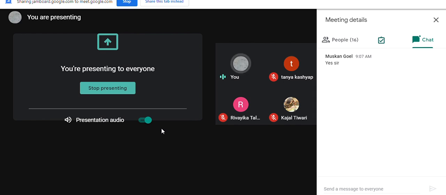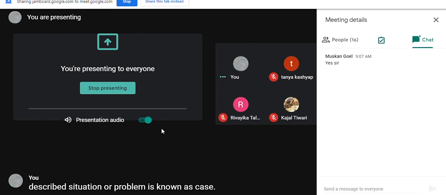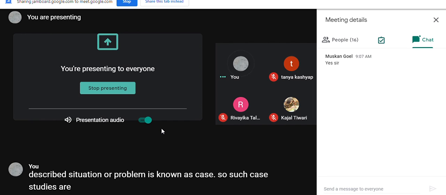Described situation or problem is known as case. So such case studies are widely used during MBA courses. The students have to solve many case studies.